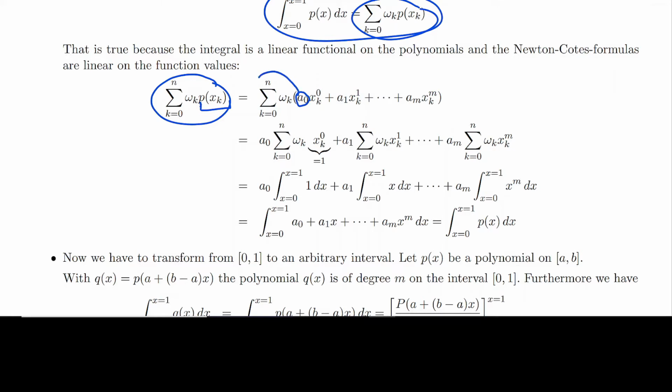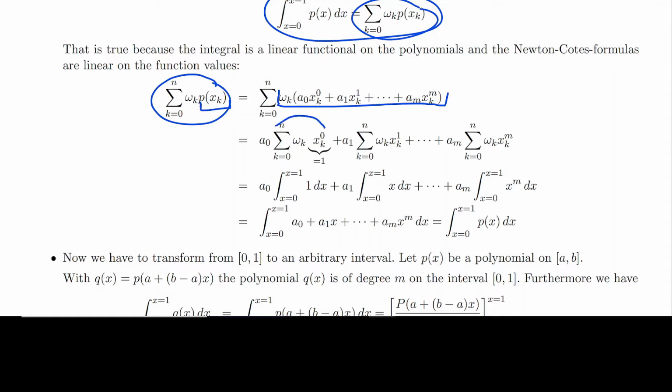Let's take that before the sum, and then we have omega k times xk to the power of 0. And then the second sum here, and again omega k comes from here. So in fact, first we multiplied that parenthesis, and then we reordered that sum, and we get this.